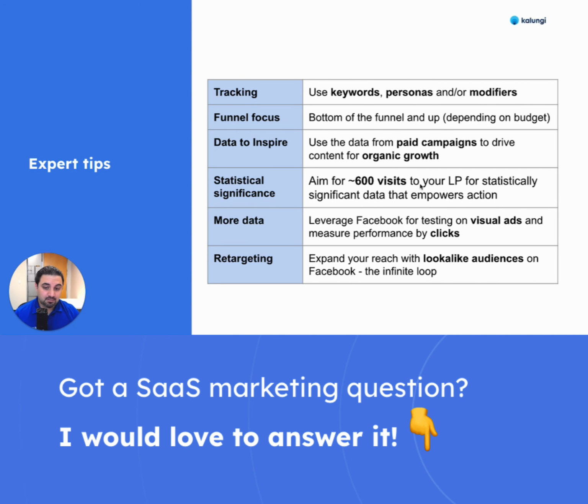Retargeting. I mentioned this one. Expand your reach with lookalike audiences on Facebook. That essentially becomes an infinite loop, right? Website visitors will see the ad. They'll watch, let's say 50, 75%. You go and find more people like them and then run ads towards them. Then you can say, okay, for those people who engaged with this much of this ad, I want to find more people like them, and so on and so forth. And that's kind of the infinite loop, right?